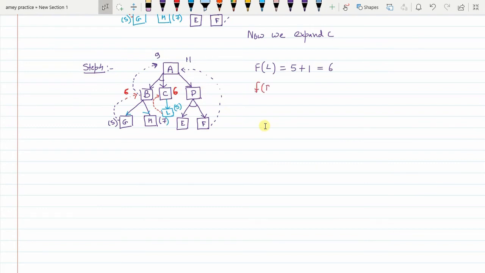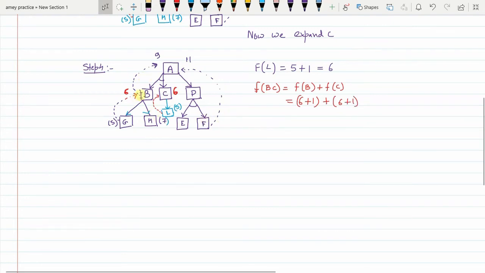So f of BC will be f of B plus f of C. F of B will be 6 plus unit cost along the edge. F of C will be 6 plus unit cost along the edge. So what value will be backed up at A? Earlier it was 9. Now the value that will be backed up at A will be 7 plus 7, that is 14.